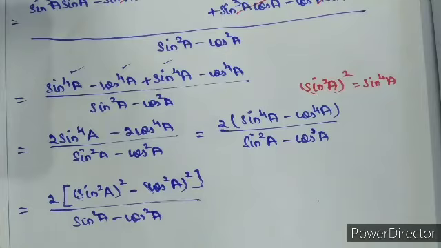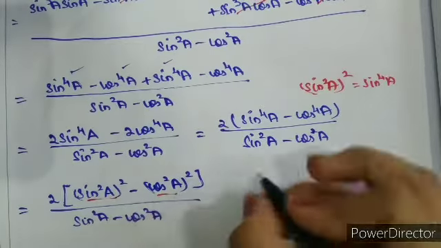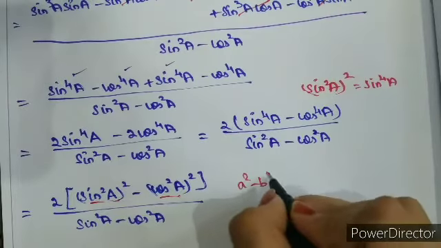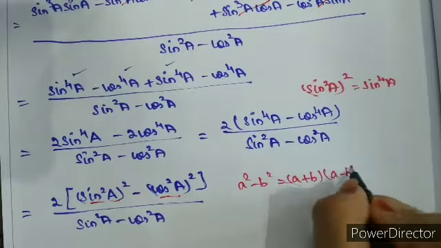So see here in the numerator, it is of the form a square minus b square, which is equal to a plus b into a minus b.